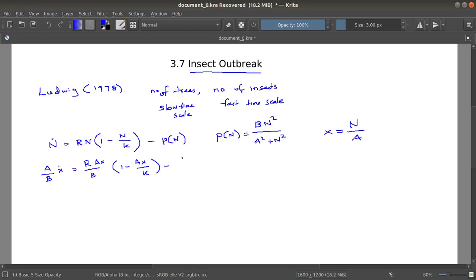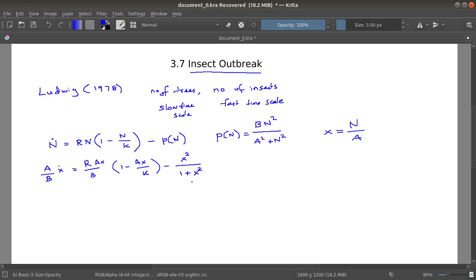I will have a square over here, and there will be a square over here, and those A squares will get cancelled, and finally I will have this form of that equation, 1 plus x square. Okay, so this is my equation now.